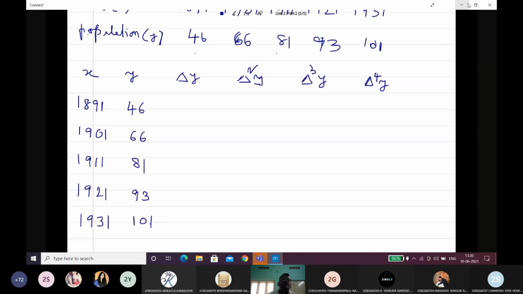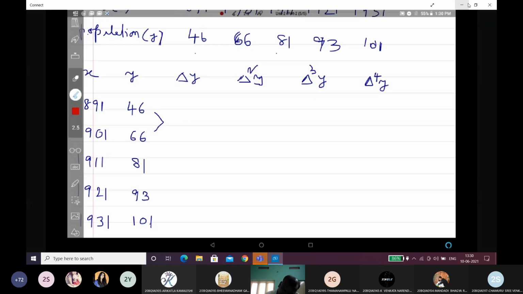Now, as usual, we find the differences, using different colors to identify them easily.